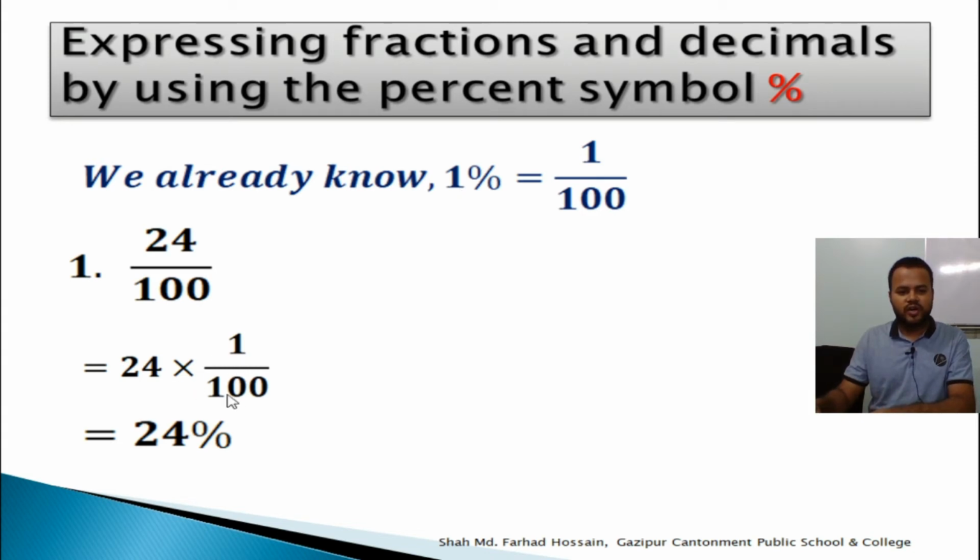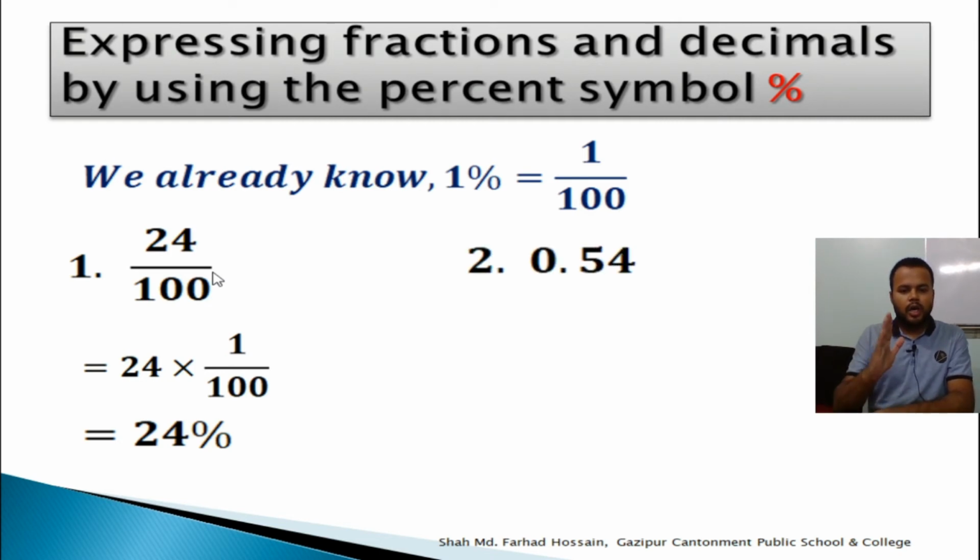So if we multiply by 24, we have 24%. So the result is 24%. Now we can say 24 by 100 is 24%. I hope all of you have understood this.